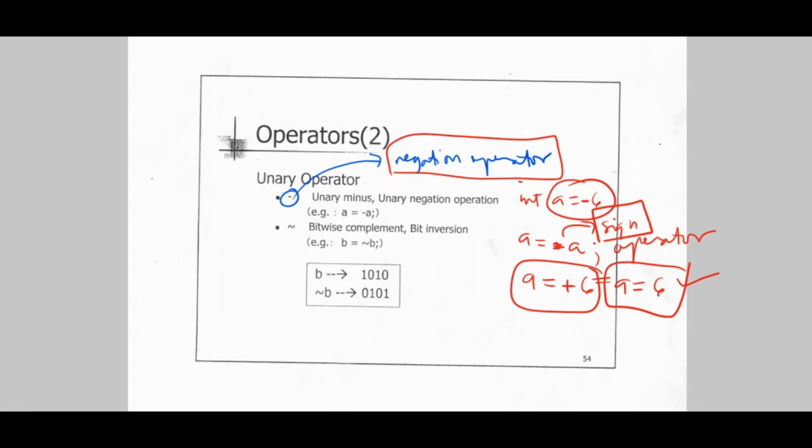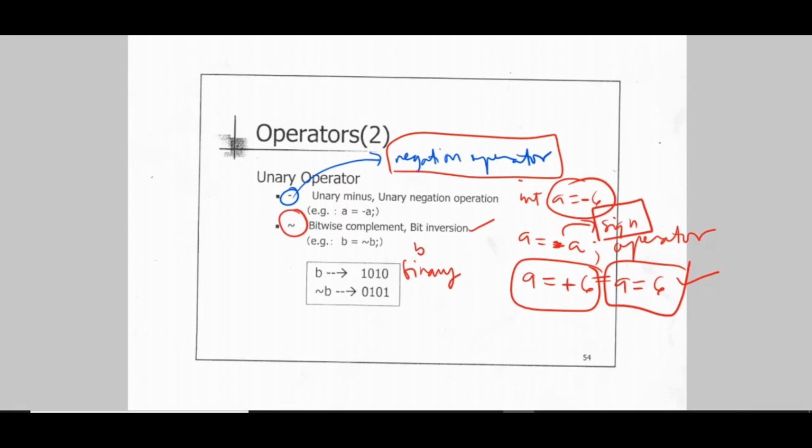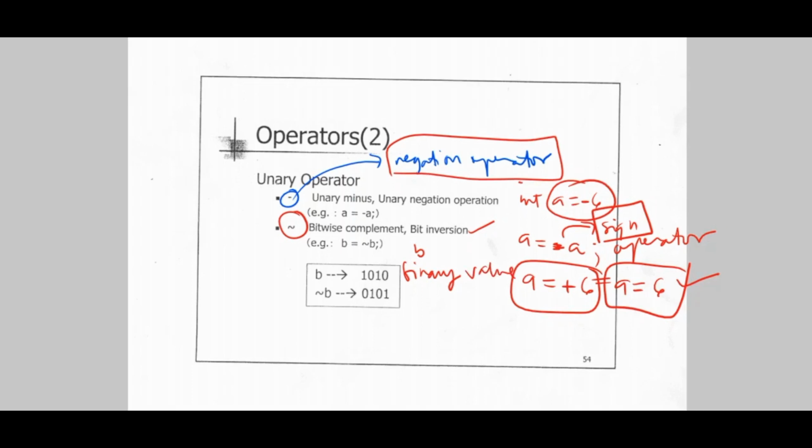Another unary operator we have here is the bitwise complement, the bit inversion. So say for example, B is a binary variable, or B has a binary value, which is this 1010, this is base 2.